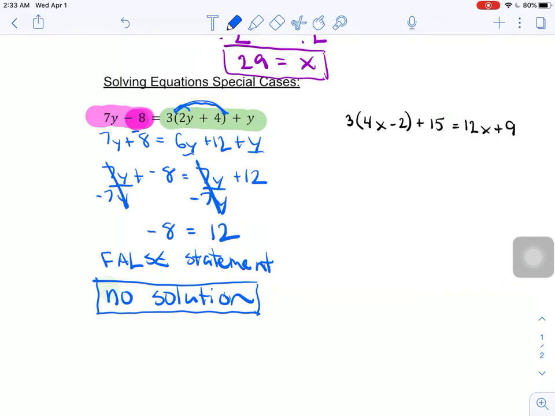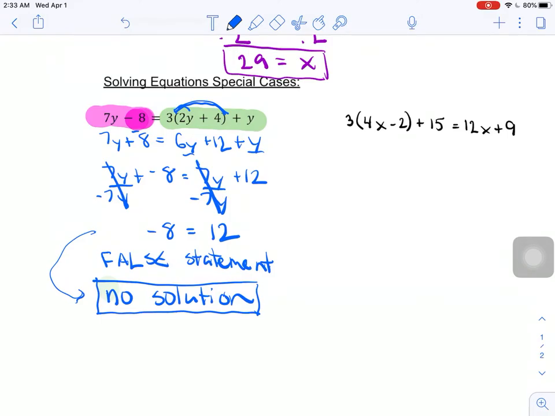That's why I literally boxed it, because that is your answer that you should have written on your page. So if you just stop at -8 equals -12 and don't give me anything else, I will not give you full credit, because you have not shown me that you understand what that means. You need to take that last step and say, okay, that means no solution, and actually write no solution on your page.